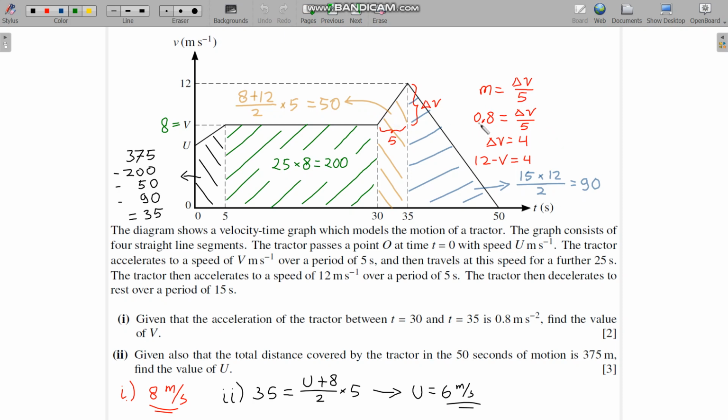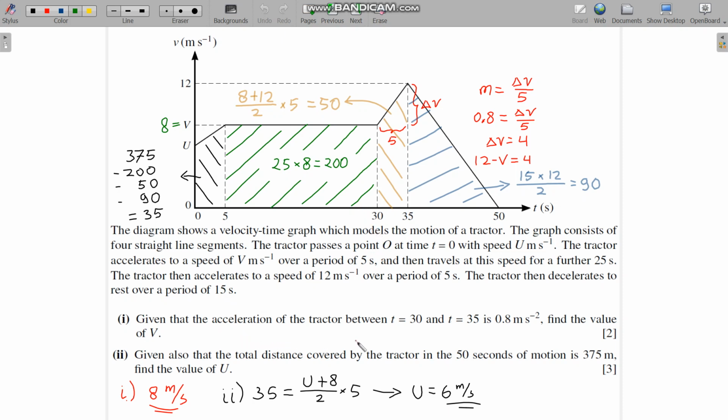So the acceleration, which is the gradient, 0.8, is equal to delta v divided by 5. We can find delta v, which is 4. Since delta v is 4, v must be 8, and that's the value of v.